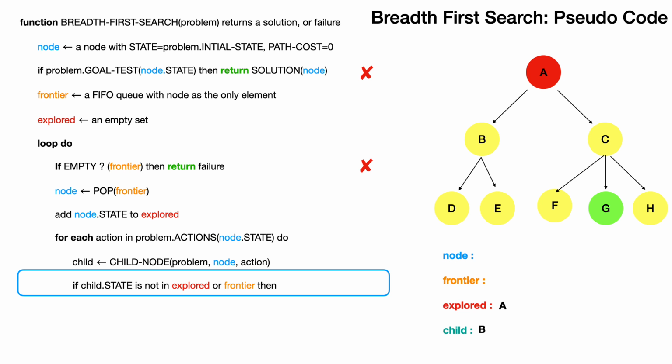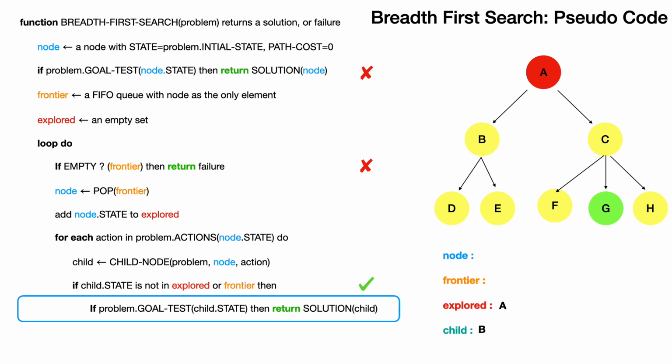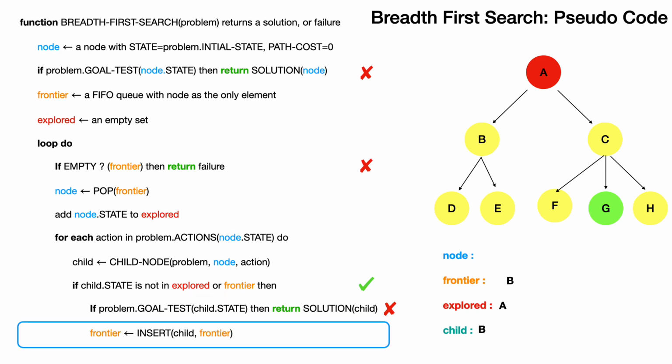It is not available as of now. So node B is not there in the frontier and explored nodes, so the condition is satisfied. So we go inside and test if this is the goal node or not. Is B a goal node? Here it is not a goal node, so the condition fails. Then we keep this node in the frontier for later expansion.